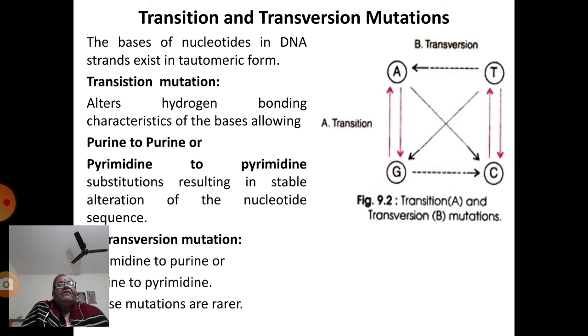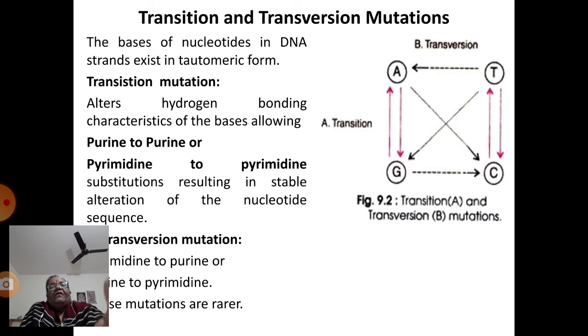So, if there is a change between A and G, right? It is transition, and A to T like that, it is transversion.